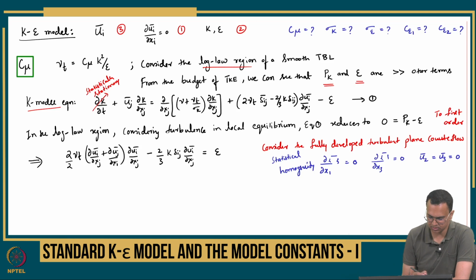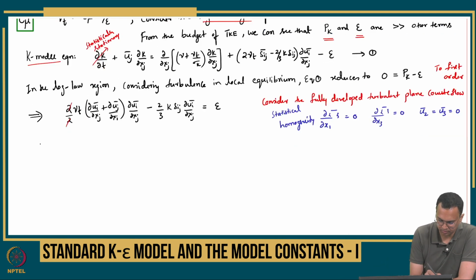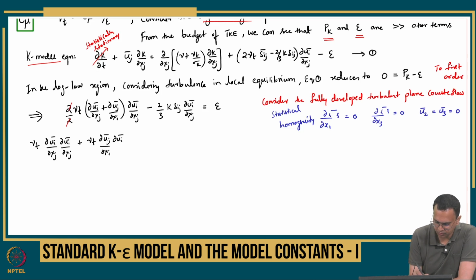So if I do all this, what do I get? Of course, this is gone. So essentially I now have ν_t ∂ui bar/∂xj, ∂ui bar/∂xj plus ν_t ∂uj bar/∂xi, ∂ui bar/∂xj, and then minus 2/3 k δij.